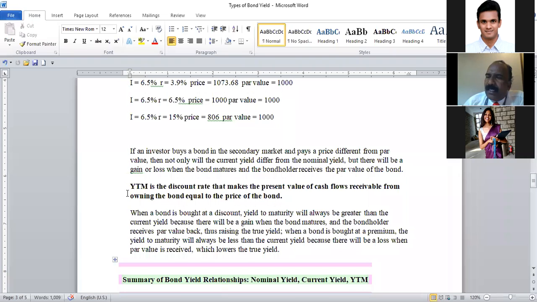So that scenario is reflected in this sentence. You bought at 806, which is a discount. So the yield to maturity is always greater than the current yield, because there will be a gain when the bond matures.